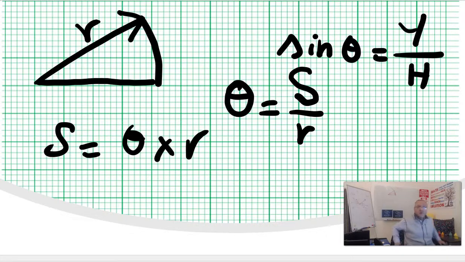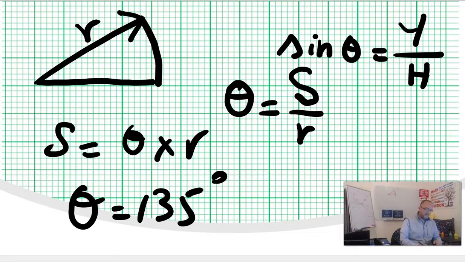And again, I don't memorize it, because I remember that in a sector I use the same breakup that I use for a sine, because the subtended arc length is on the opposite side of the angle. And I go theta instead of sine theta: theta equals S divided by R. So S equals theta times R. So let's say they gave me a theta that is, let's say, 135 degrees, and they tell me to find the arc length.